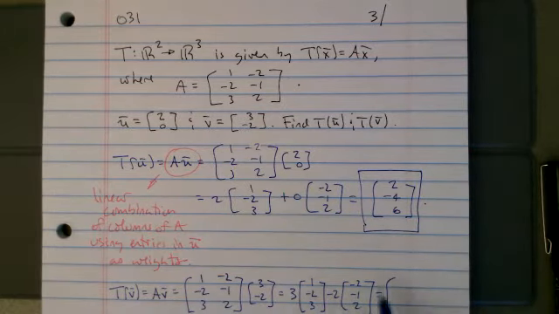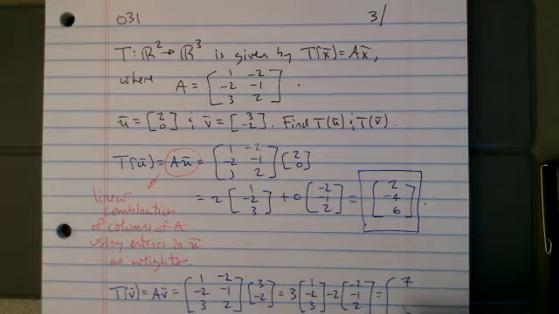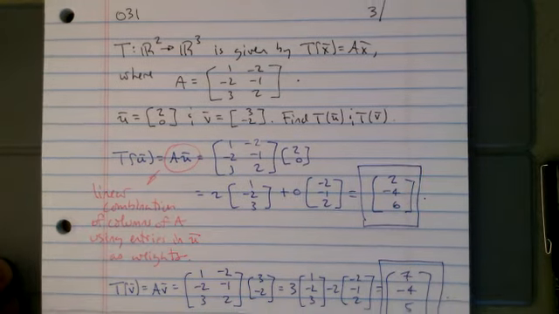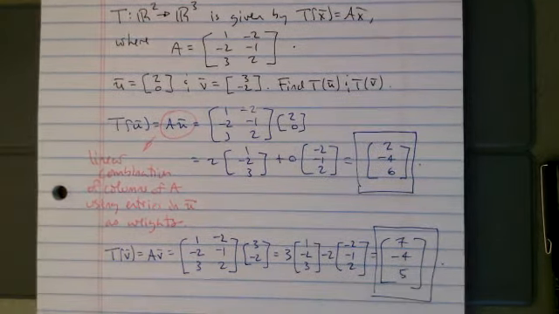So we'll have 3 plus 4 is 7, and then negative 6 plus 2 is negative 4, and then 9 minus 4 is 5. So there is T of V. Now we're just finding a linear combination of the columns of A using the entries in V as weights.